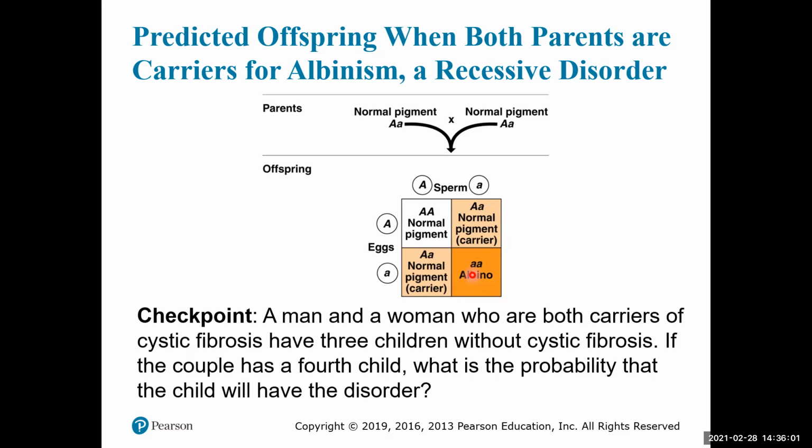Now, you could ask, what is the probability that out of 4 children, how many of them have albinism?